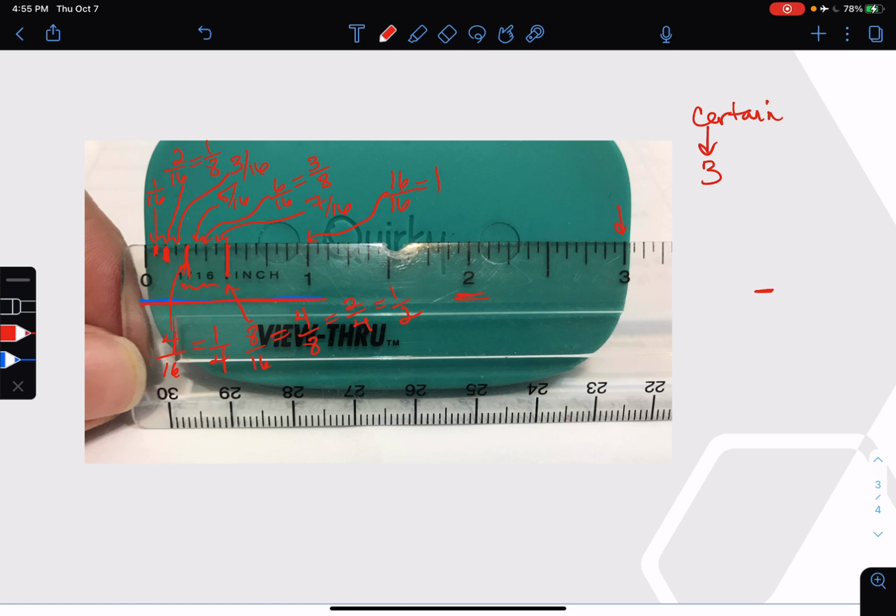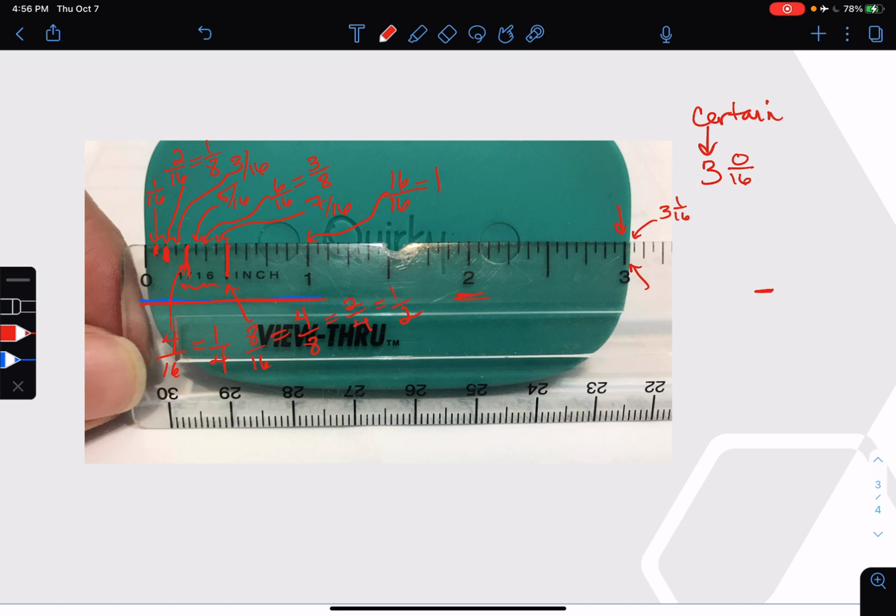And we can see right here that it's not quite reaching to 3 1/16. So right there would be 3 1/16. So we'd have to call this 3 0/16. Okay, now we have to make a guess to the point where we don't have any dashes.